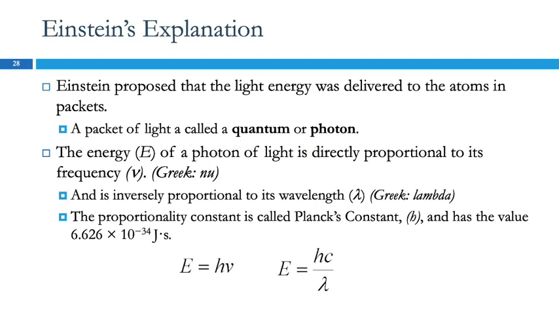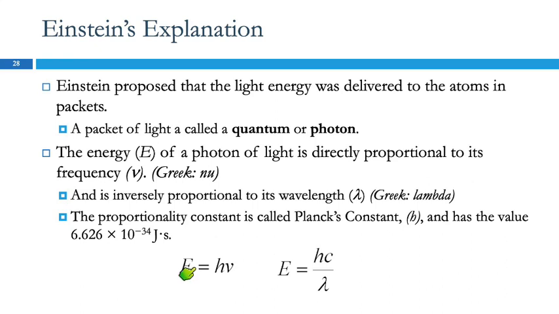The energy of the photon is directly proportional to its frequency, the Greek letter nu. It's inversely proportional to the wavelength, symbolized by lambda. The proportionality constant is called Planck's constant and has the value 6.626 times 10 to the minus 34 joule seconds. We'll be using that, but you don't need to memorize it.